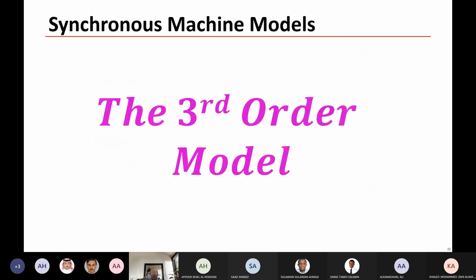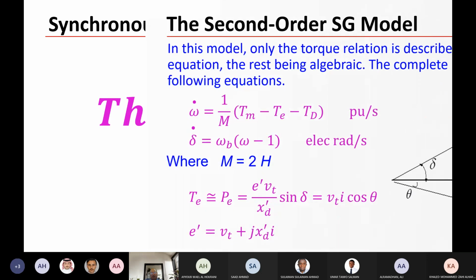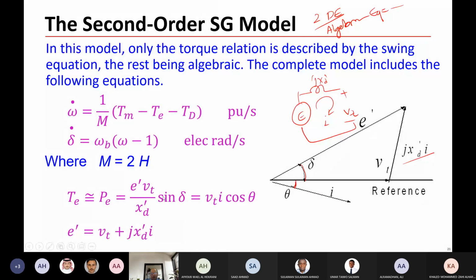The third order model: what do you think is the additional differential equation? What do you think the additional differential equation is that we need to add here?